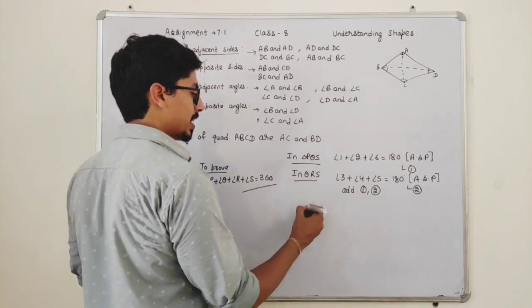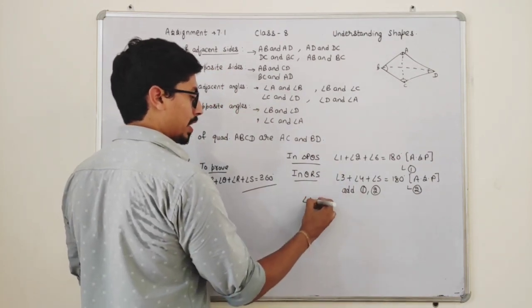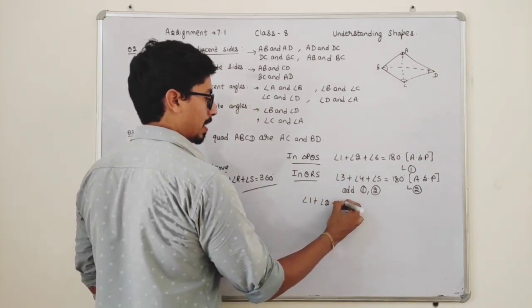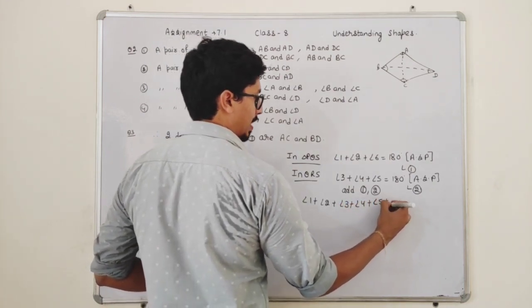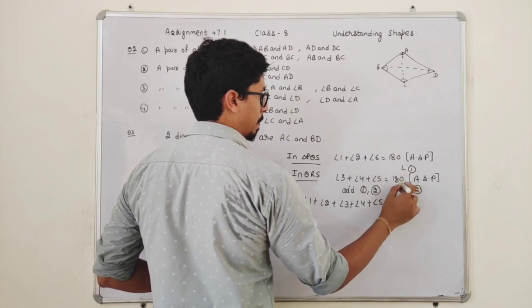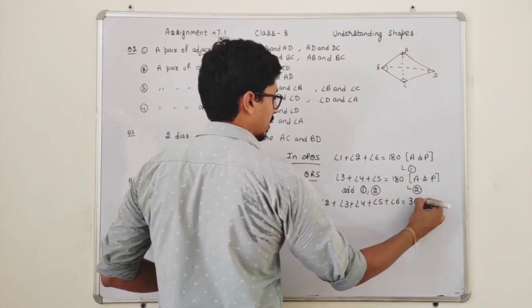So this will be angle 1 plus 2 plus 3 plus 4 plus 5 plus angle 6, and 180 plus 180 will be 360 degrees.